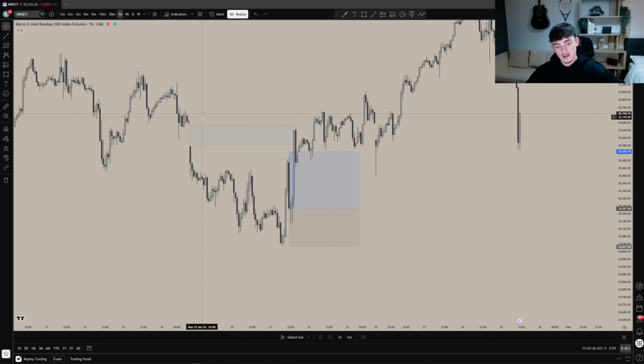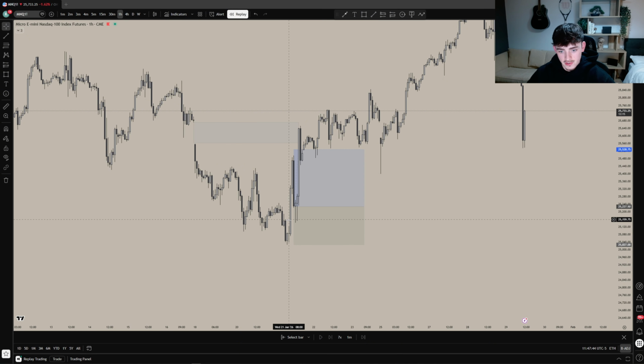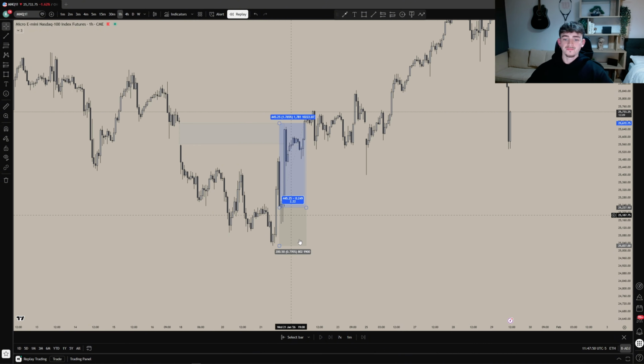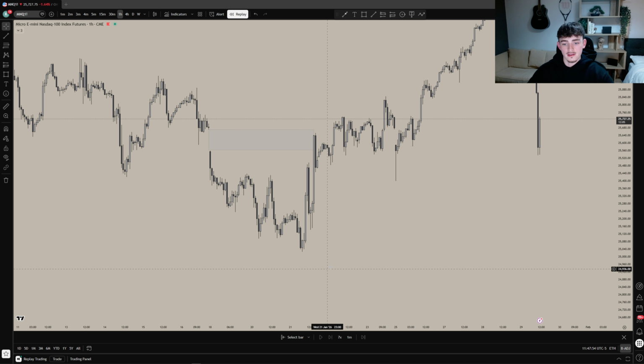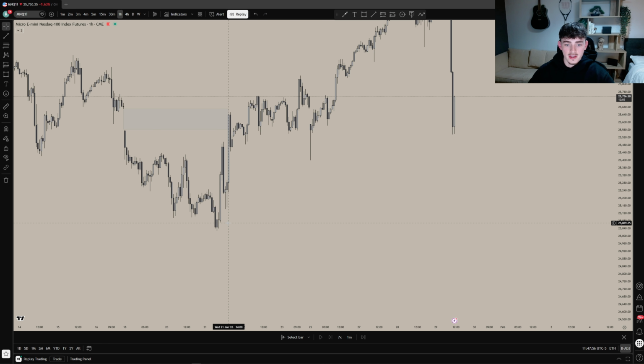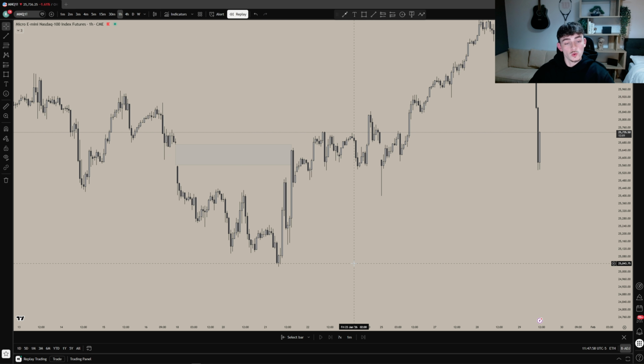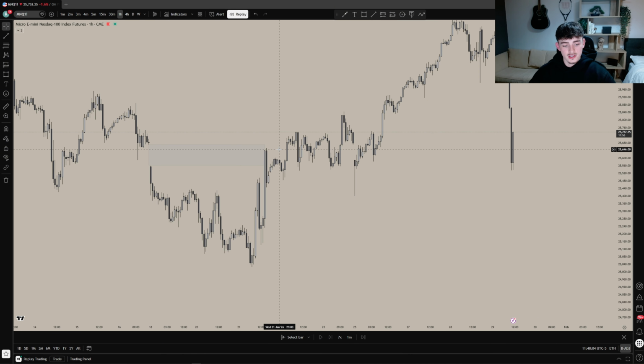Well, we make it, and Monday, Tuesday, Wednesday, we target that. Okay, so we have that market structure shift, we then have that fair value gap formed, we take the entry into there, and we look to fill the gap. And we fill the gap. So that is how you can structure your trades, looking at the market structure, and then as well as liquidity draws for your targets. That's liquidity done.